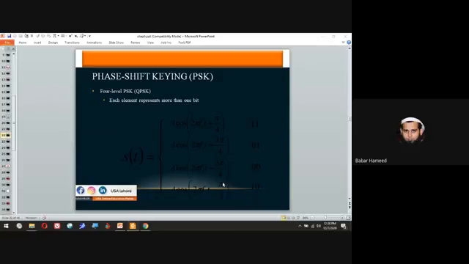QPSK will be 1 by 2 I of t cos 2 pi fct minus 1 by 2 Q of t sin 2 pi fct. It is a little bit of a change in formula, but its implementation is quite easy.